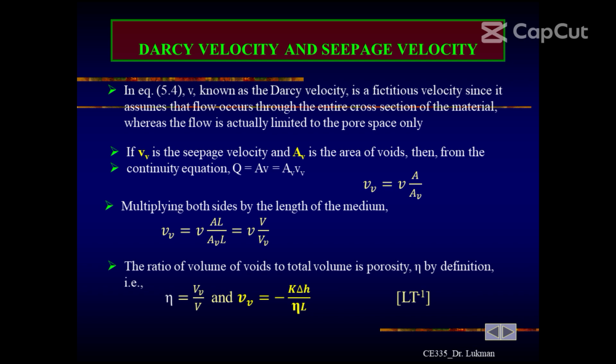He defined porosity as the number of voids in a medium. So do you accept his definition? Volume of voids over total volume. He's trying to say volume of voids over the total volume.